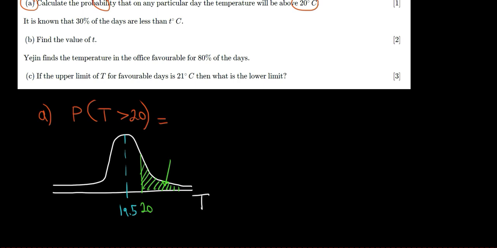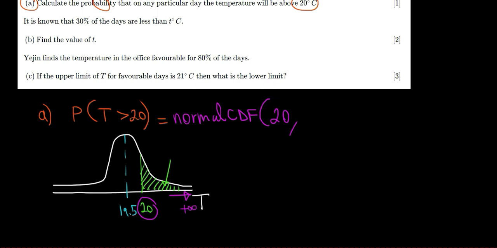So let's use what we know about the normal distribution. We go to our calculators, we go to our normal CDF, that's what we write, normal CDF, and we fill in the values in the order they ask. The lower bound, well, the smallest number here that we're interested in is 20. The upper bound is positive infinity, because remember, theoretically this extends towards infinity.